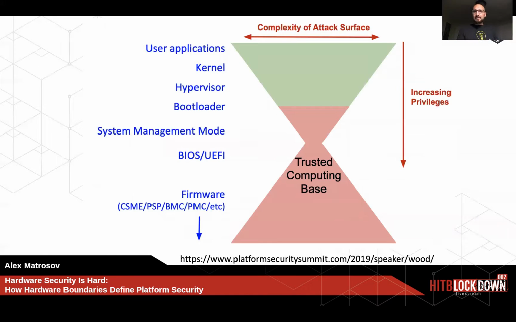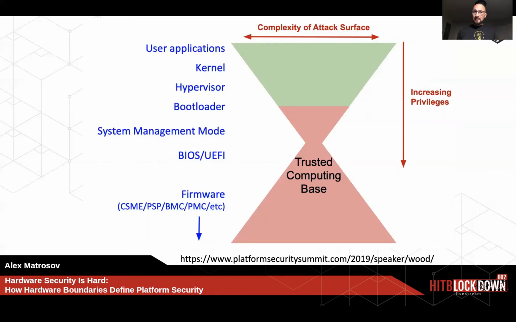But let's get back to the attack surface and security boundaries. So you have a user application, kernel, hypervisors, the higher stack. If you think about the complexity of the attack surface and increasing privilege levels, it is actually opposite.